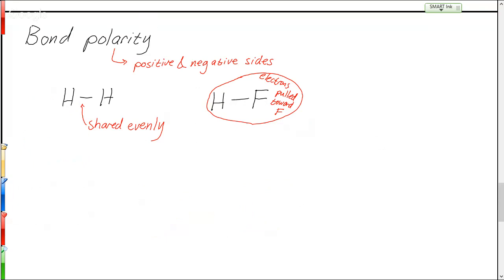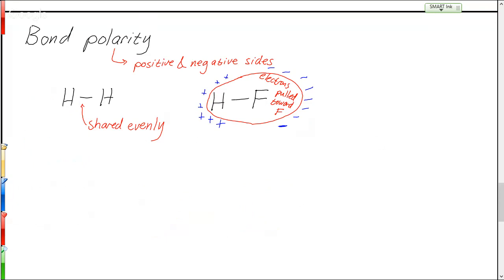If they move over here, what happens to where they used to be? It's going to be positive, because it's like they left behind the positive part because they're not there anymore. So the electrons are pulled toward the F, which means there's going to be more negative over here and more positive over here. And that's what we mean by a polar bond. When the electrons are pulled to one side, there's more of a negative on one side and more of a positive on the other side.